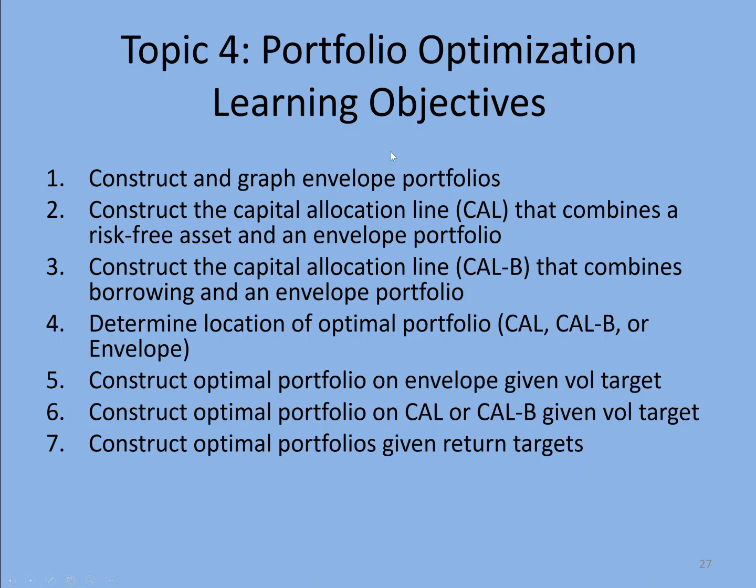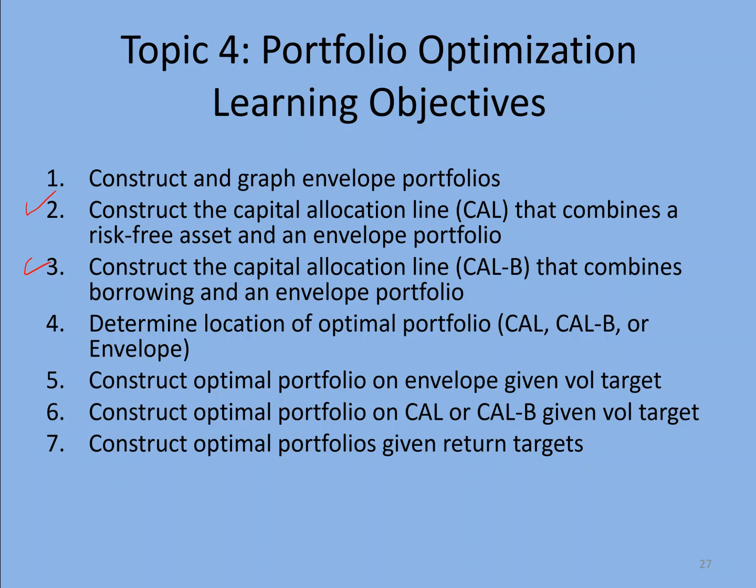So in topic 4, we've constructed optimal portfolios by constructing and graphing an envelope portfolio given 3 risky assets. We then constructed a capital allocation line that combined the risk-free asset and an envelope portfolio. We then found the CALB line that combines borrowing and an envelope portfolio.